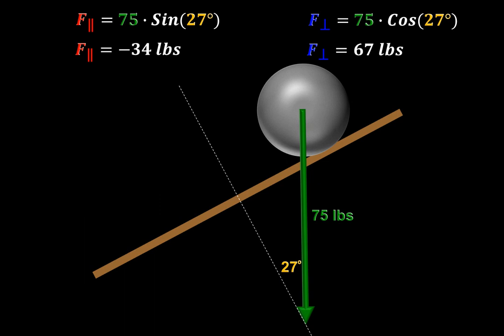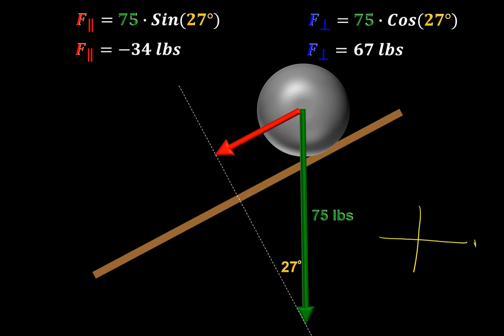So you have a ball that's rolling down the hill. Your force of gravity still stays straight up and down. But to make things easier, we're going to rotate our frame of reference. So normally, our frame of reference is like this.